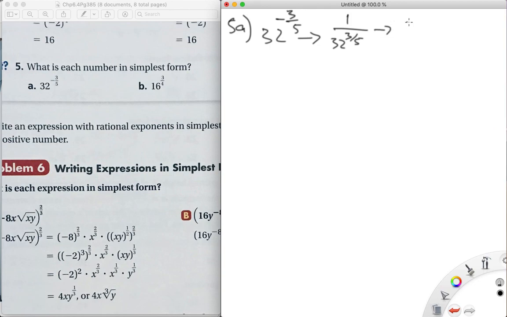I could think of 32 as 2 to the 5th power, 2 times 2 times 2 times 2 times 2. Raised to the 3/5. The 5's cancel. And I'm just left with 1 over 2 to the 3rd, which is 1 over 8.